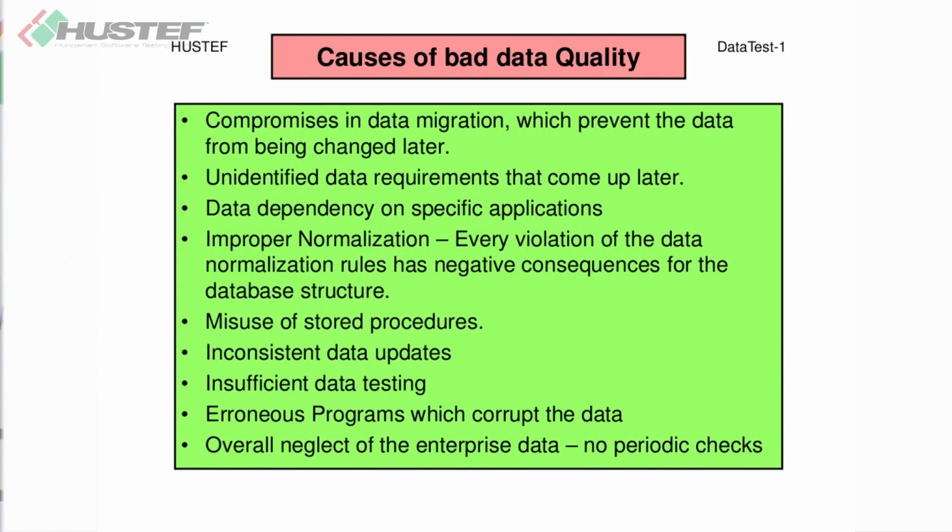Data dependency on specific applications, improper normalization, misuse of stored procedures, inconsistent data updates, and insufficient data testing. So these are some of the causes of bad data quality. Well, the consequences of having bad data is that it disrupts the migration, and it also hampers further evolution of the software which is using that data.